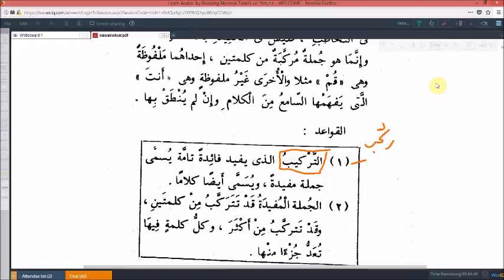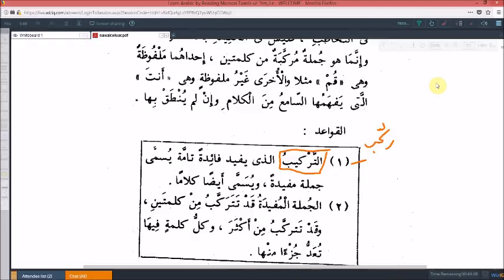القاعدة الثانية: الجملة المفيدة قد تتركب من كلمتين وقد تتركب من أكثر وكل كلمة فيها تعد جزءا منها. الجملة المفيدة, the beneficial sentence, the complete sentence. قد تتركب, قد here, because it's appearing before a present tense verb, means it could.